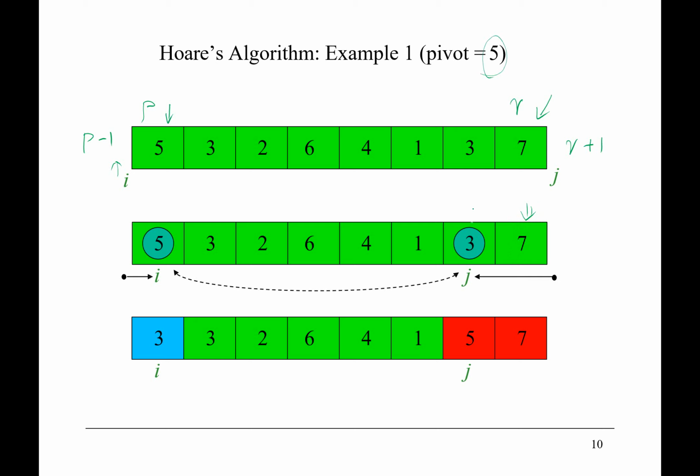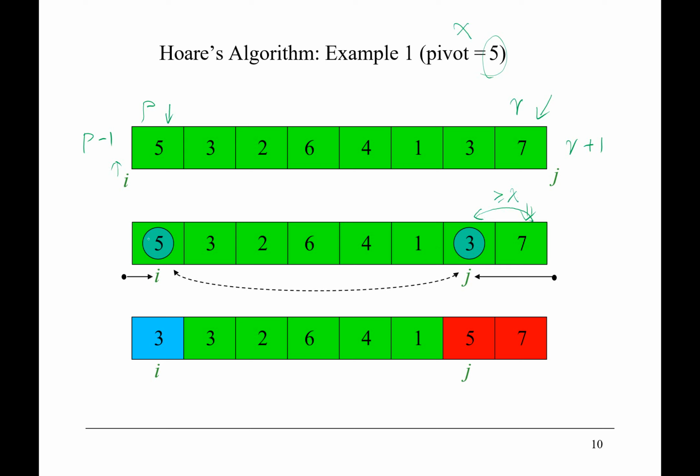Since 3 is smaller than X, 3 cannot be held in the right region because this part should be larger than or equal to pivot, right? Let's use X to simplify that. So J will pause here, and then quit from the repeat loop.